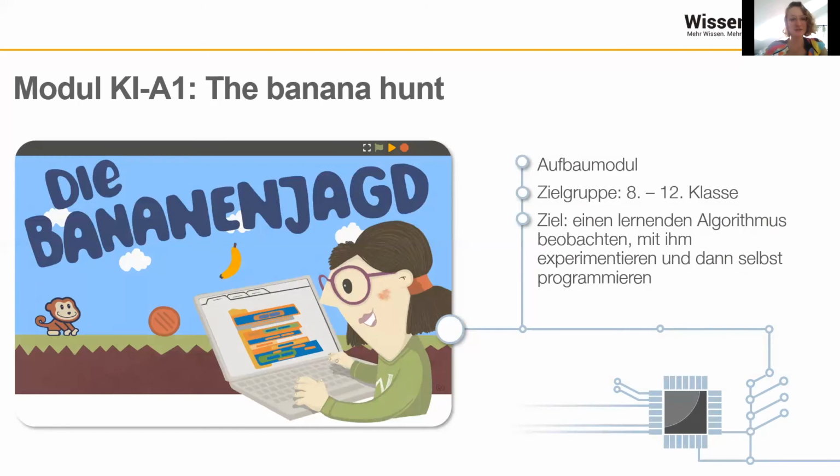And after you've analyzed that algorithm, the program, you program a new learning algorithm based on what you already understood. And then you experiment with the algorithm so that it learns well.